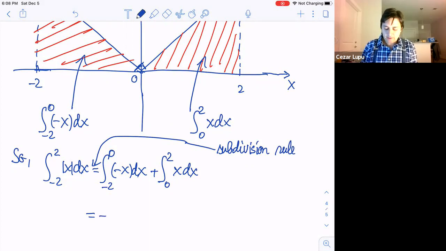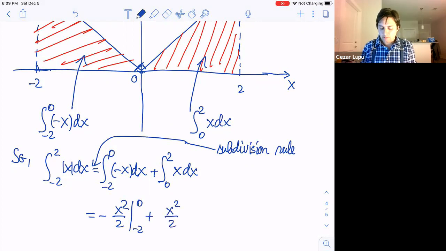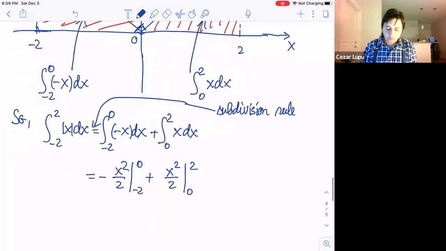Let's take the negative out of this. The antiderivative of x will be x squared over 2 from negative 2 to 0 plus, again, the antiderivative of x, x squared over 2, from 0 to 2. Like I said, we apply the fundamental theorem of calculus here.